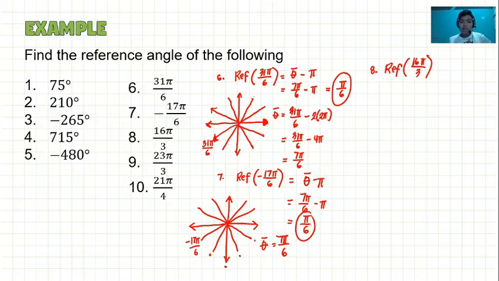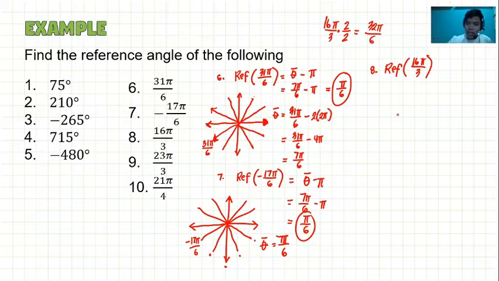We will just multiply the numerator and the denominator by 2 so that the denominator will become 6. So 16 pi over 3, multiply it by 2 over 2 so that the angle will not change. So this will be equal to 32 pi over 6. So we will just count 32 pi over 6.